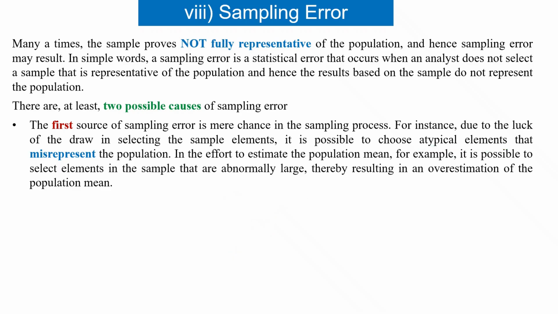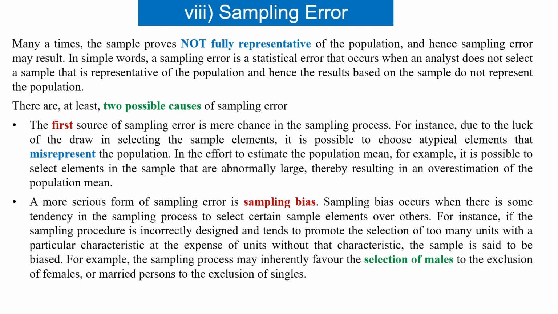But the more problematic one is sampling bias, in which it is clear that your sampling methodology is such that it might lead to a bias. For example, let's say you wanted to estimate heights and you actually chose a particular gender only. So in that case, this gender alone may not represent the average height of the entire population.